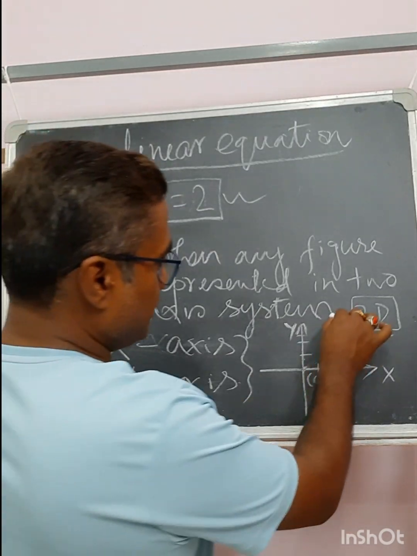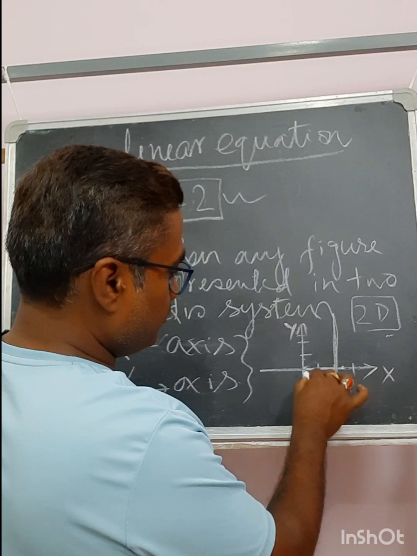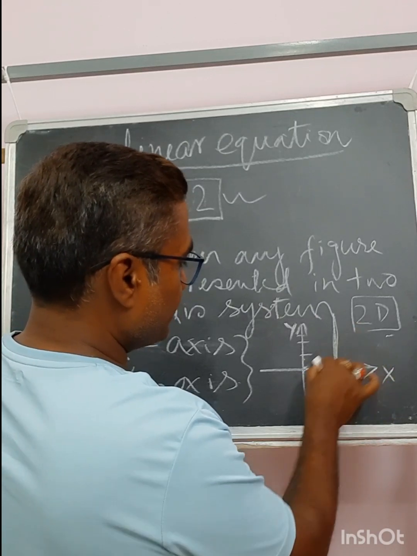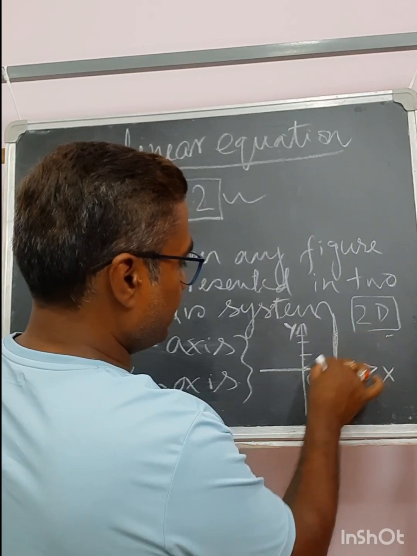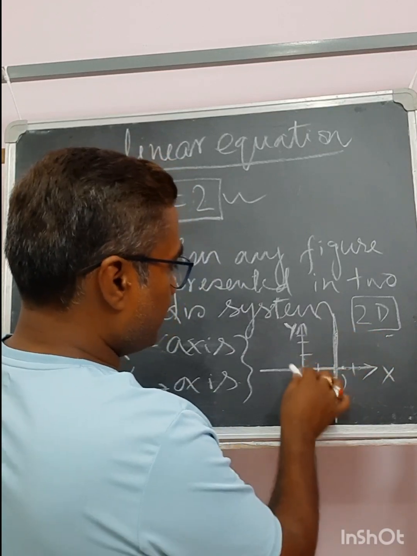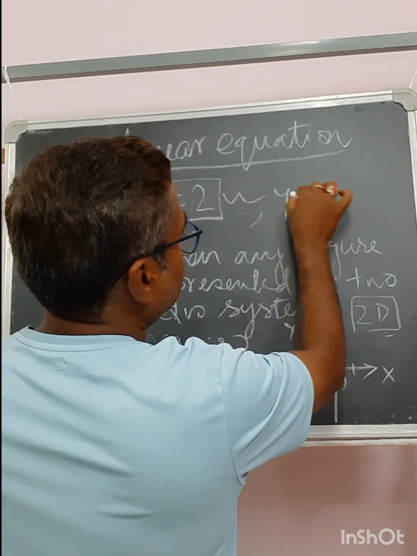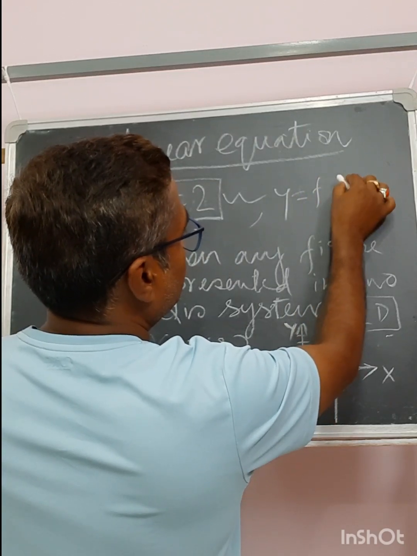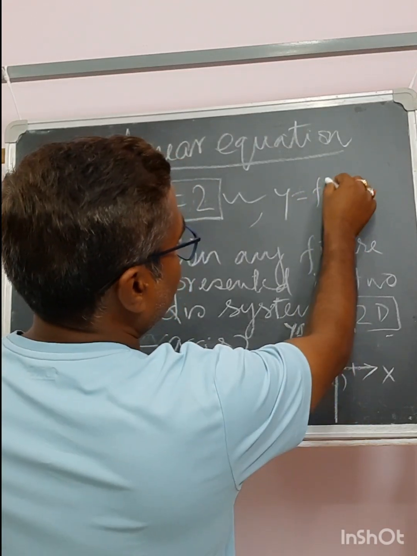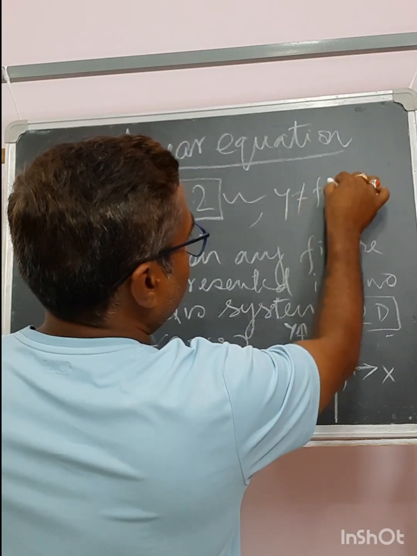That means in this line, the x value will always be 2. If I go anywhere, if I take any point here, x will be 2. But what varies here? That means y is a function of something. Y is a function of something that does not depend on x.